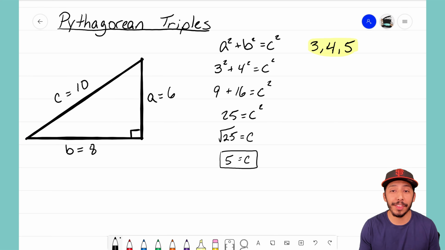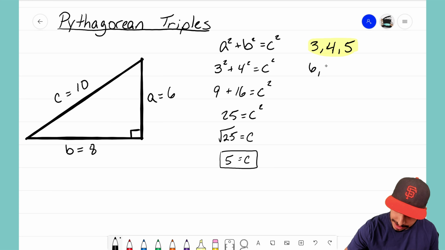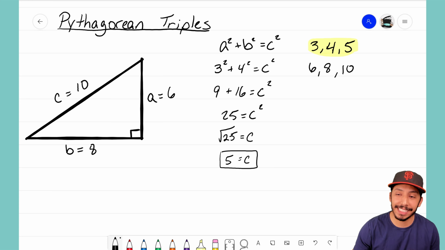And that is another Pythagorean triple. I'm not going to do it right now, but if I were to put it into Pythagorean's theorem, it would still work. And this again is an example of three sides of a right triangle where all the sides are a whole number. So we can add that to our list here, 6, 8, and 10.